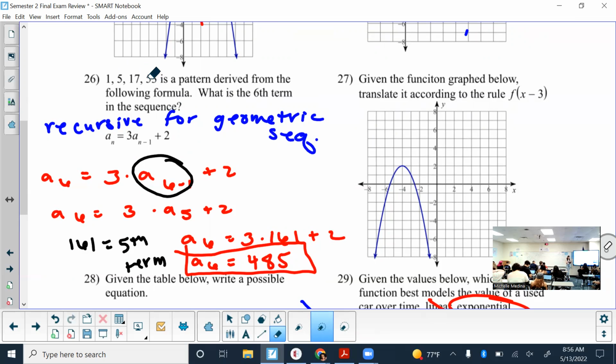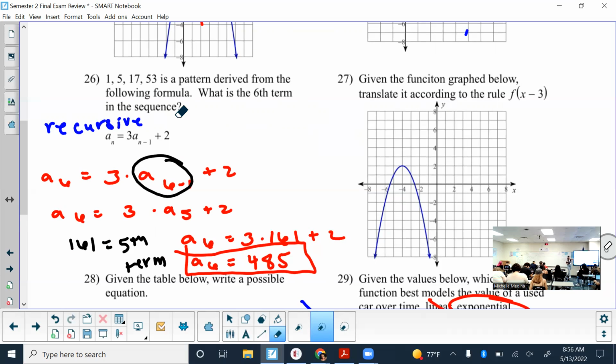I wouldn't necessarily say for geometric sequence, but it is a recursive formula because all the recursive formulas tell you to do is take the previous term and then, if it's an arithmetic sequence, add that common difference, or if it's a geometric sequence, multiply by that common ratio. Well, in this case, the rule is saying that we're taking the previous term, multiplying it by 3, then adding 2.